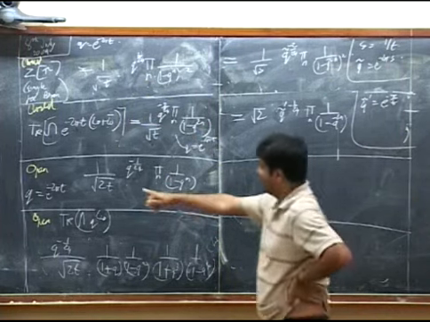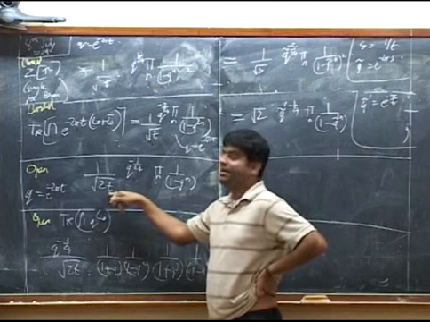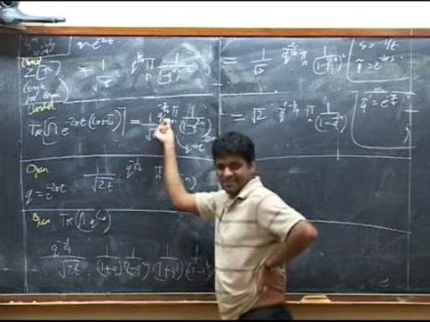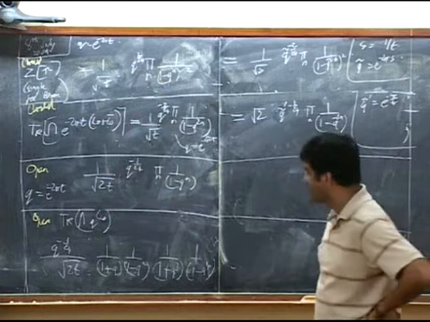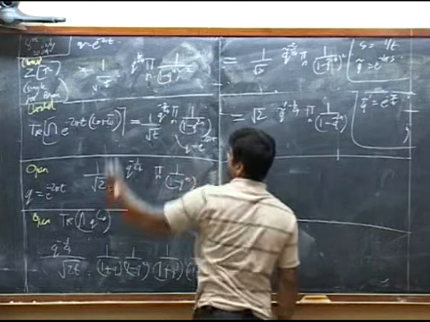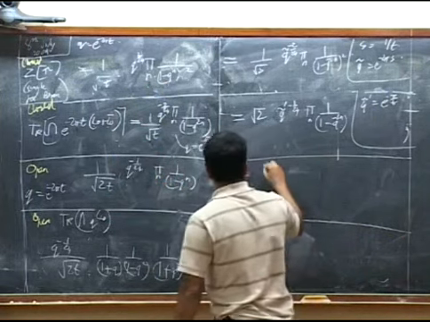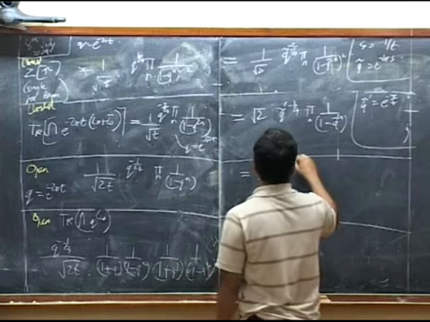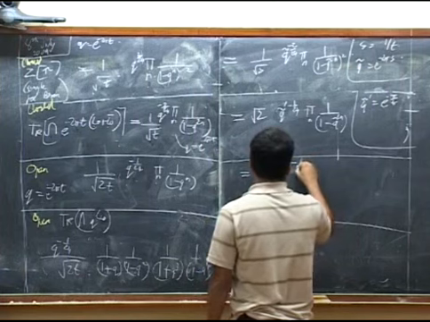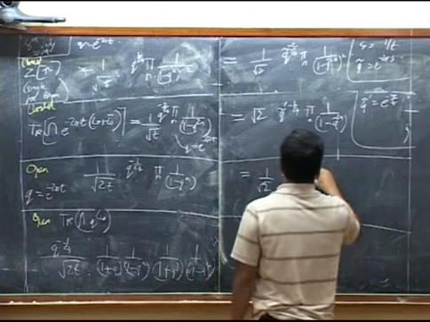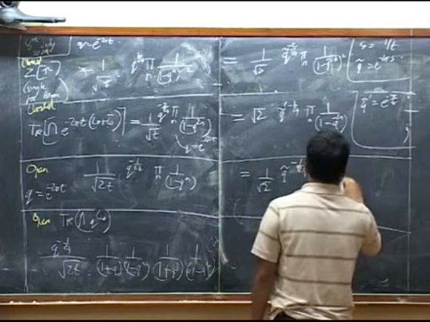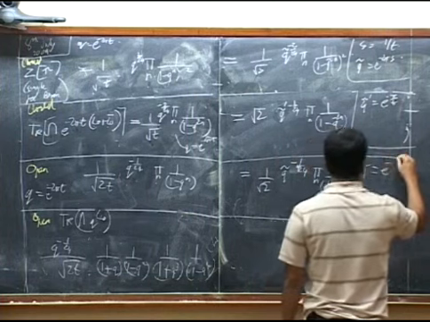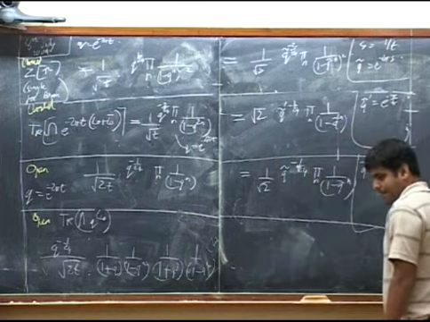So we do the same thing. Once again, this t comes with a square root factor. This time we don't have to do any variable changes. It's q, not q squared. So we just take the square root of this guy, and that very simply tells us that this is equal to 1 over the square root of 2 times q tilde to the power minus 1 by 24, product over n of 1 minus q tilde to the n, where q tilde equals e to the power minus 2 pi by t.